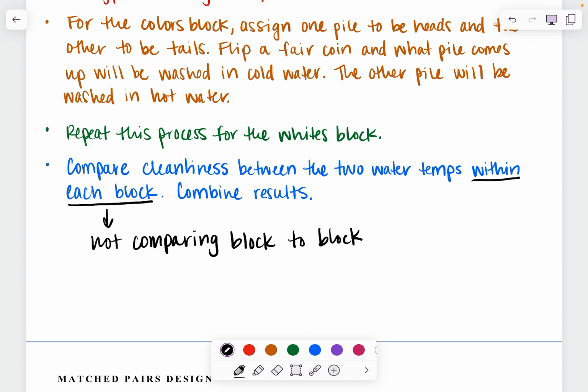When I'm looking at the white laundry, is it doing better in cold water? If it's consistent for both, then cold water temperatures are better for washing clothes. So all this block design is doing is making sure that the results are consistent even when our groups are different. So if you have an element where you know it's going to affect your results, you should block on it.